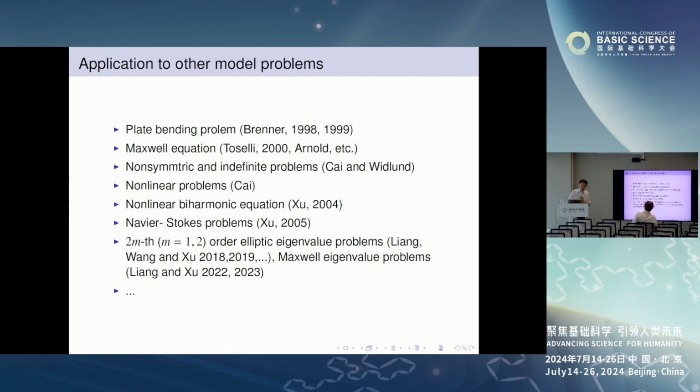Of course, the question is whether we may apply this to other model problems. For example, the high order problem, the plate bending problem. This has also been proved, and algorithms have been designed, including for the Maxwell equation, non-symmetric indefinite problems, nonlinear problems, the nonlinear biharmonic equation, including Navier-Stokes equations, and also some eigenvalue problems. We have also worked in this direction for many years, designing domain decomposition methods to solve elliptic eigenvalue problems, including today's topic.